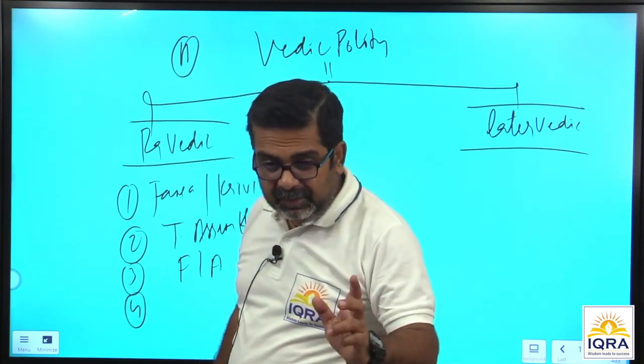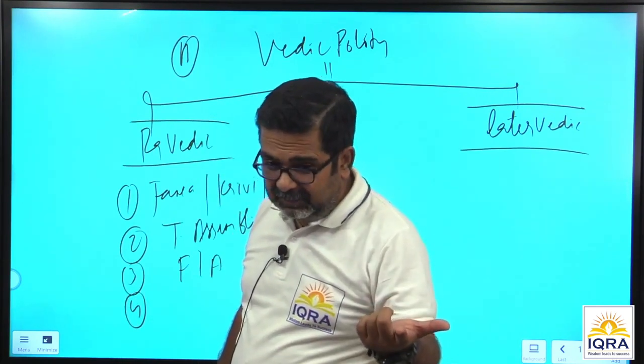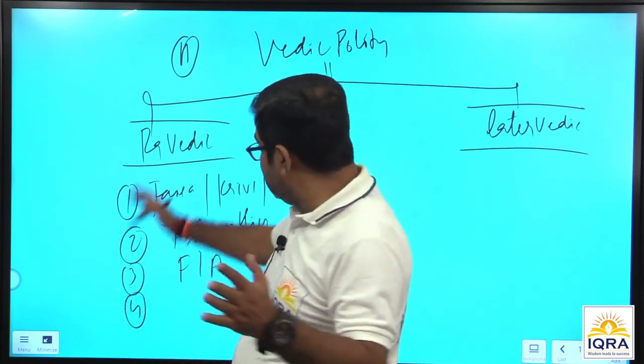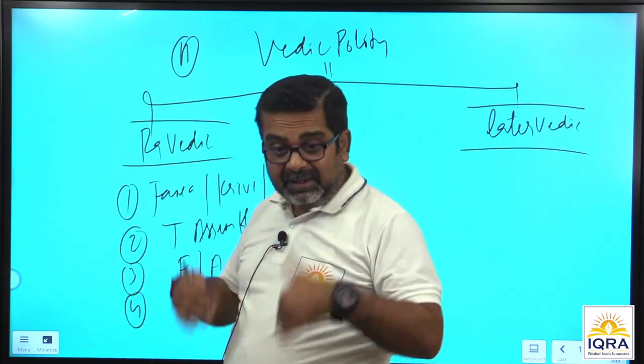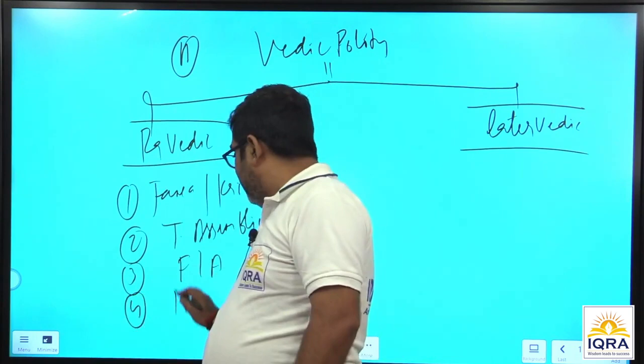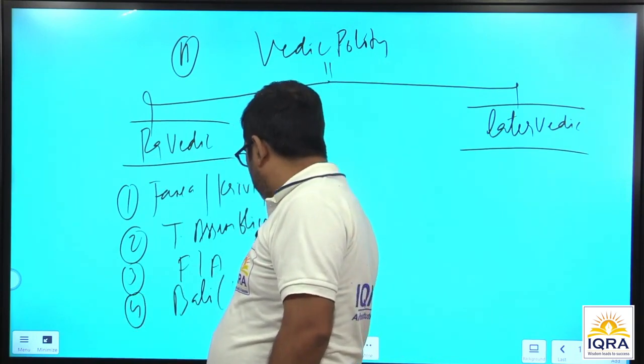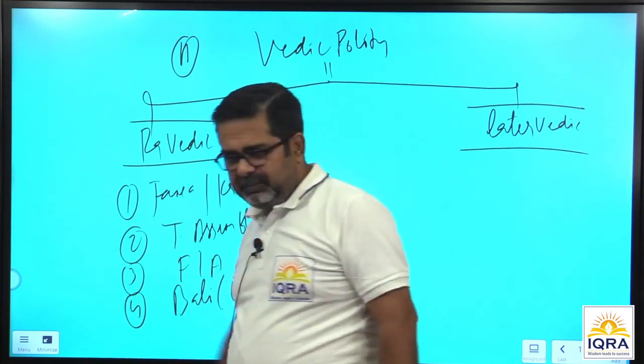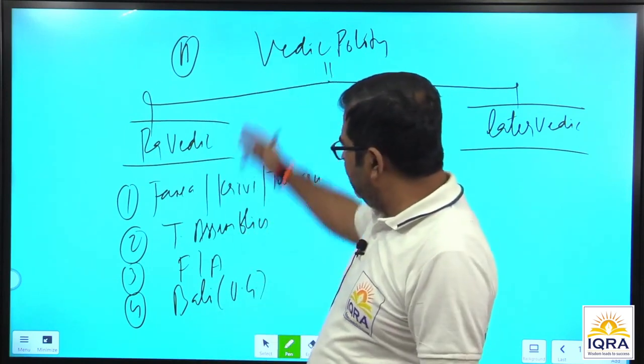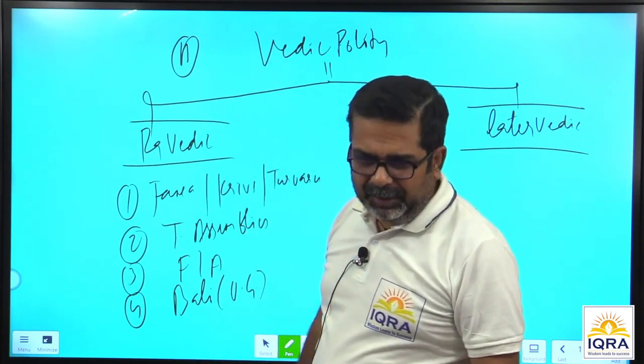Subsistence economy, they cannot pay the tax. But then some people are giving their services. So, Bali, a voluntary gift. This was the structure of tribal Vedic polity.